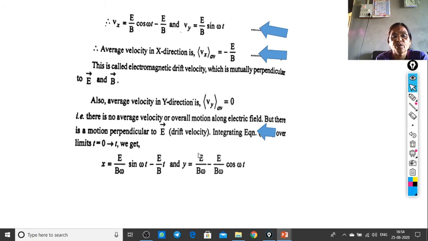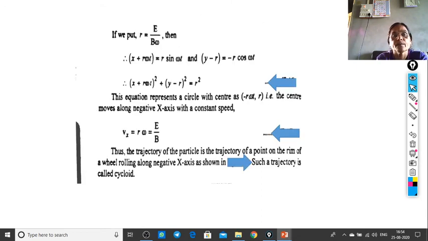After integrating the above equation, we have x equal to E upon B omega sin omega t minus Et upon B, and y will be equal to E upon B omega minus E upon B omega cos omega t. As Vx, Vy are clear to you, as well as x and y are here. When we put r equal to E upon B omega, then x plus r omega t is equal to r sin omega t, whereas y minus r equal to minus r cos omega t.